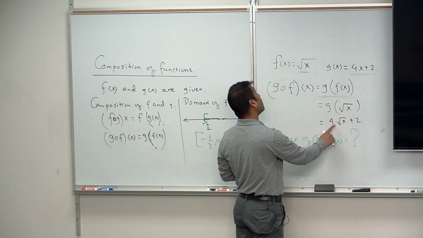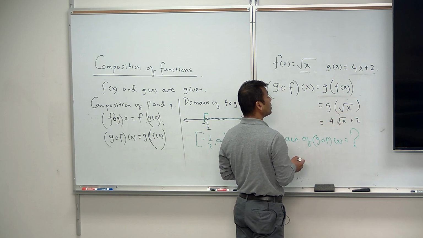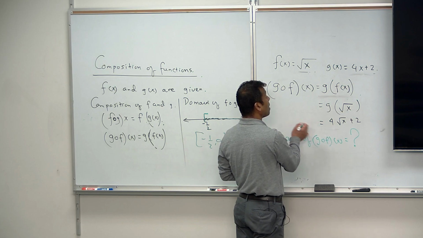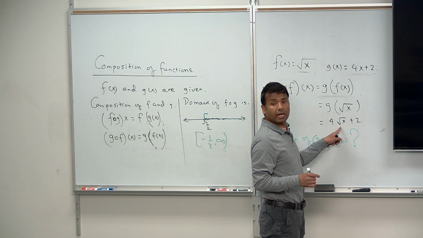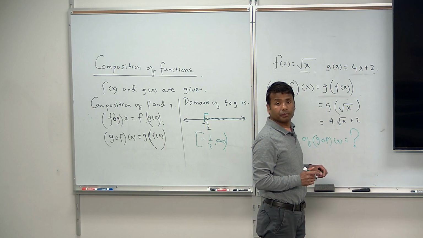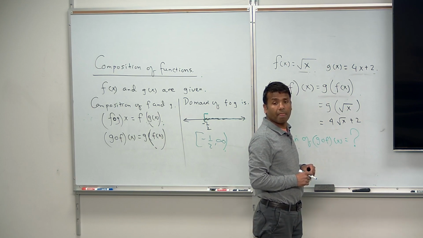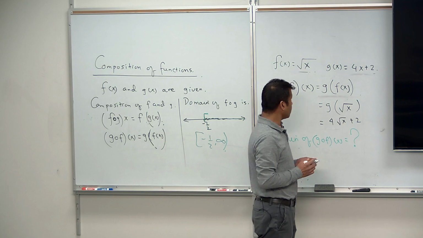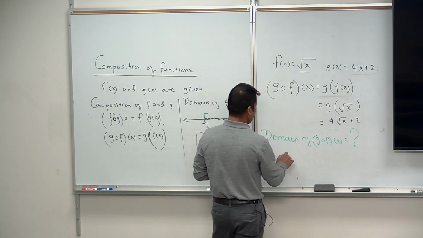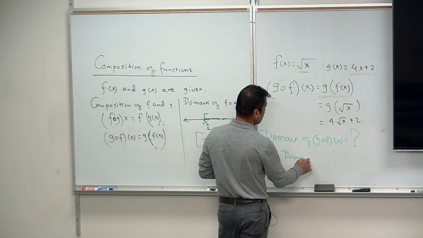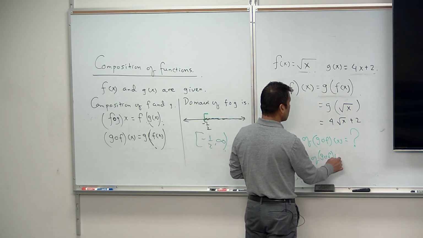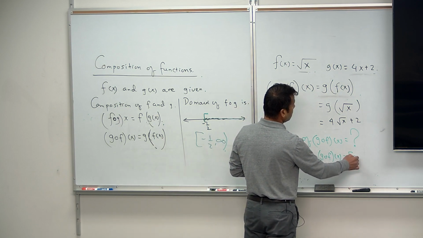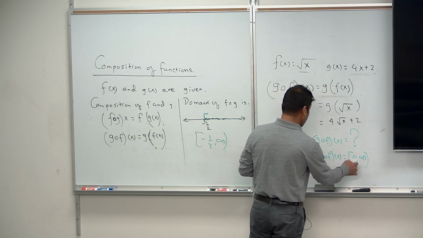And now this is 4 radical x plus 2. So this function g of f is well defined for any value of x greater than or equal to 0. Right? Is that right? So now what will be the domain? The domain is going to be 0, positive infinity. So you include 0, okay?